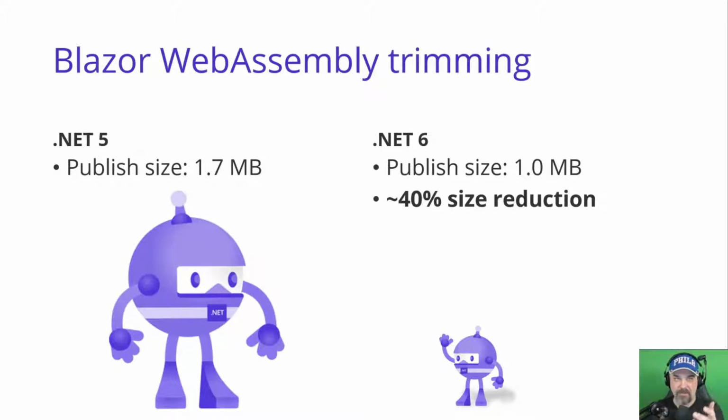You navigate to YouTube or twitch.tv and start watching video there, and you're downloading about 5 meg of JavaScript to interact with those videos. To have Blazor running your default application in a meg with all the trimmings that come with .NET, we think that's pretty good, and we're still working on making that even smaller.